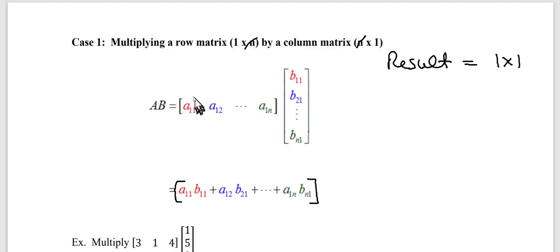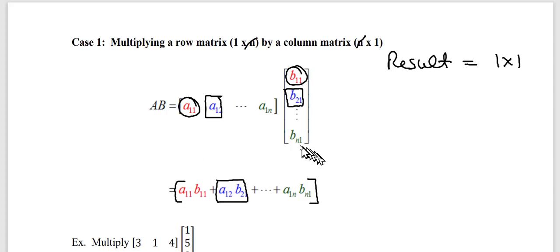Here's how we multiply a row matrix by a column matrix. We multiply the first item here, A11, by B11. Multiply those two. Then we multiply A12 by B21. That product goes there. And so on.